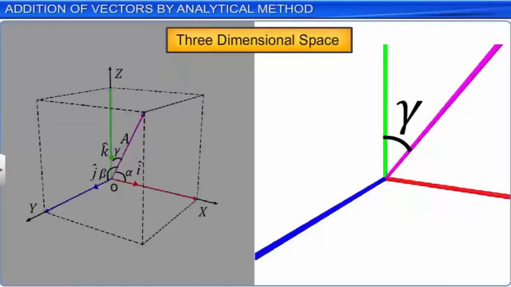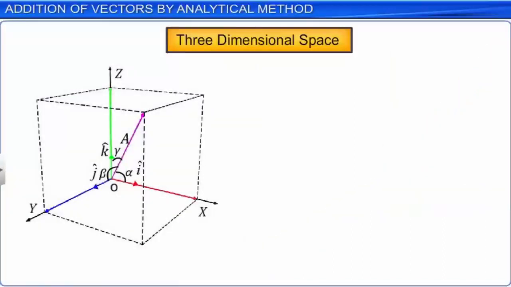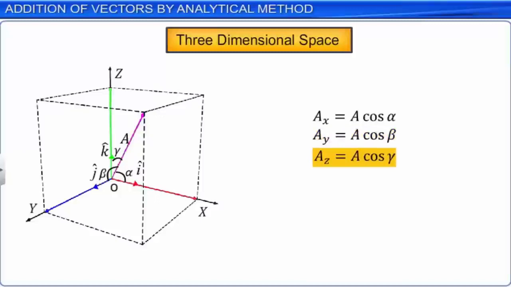In this case, its three components along x, y, and z direction can be written as ax is equal to a cos alpha, ay is equal to a cos beta, and az is equal to a cos gamma. Here, A is equal to ax plus ay plus az, which can be written as axi plus ayj plus azk.